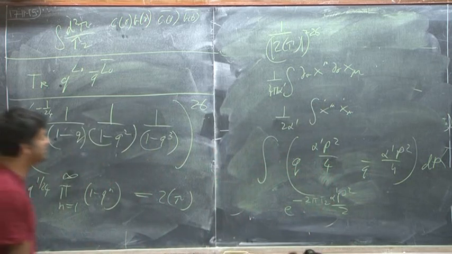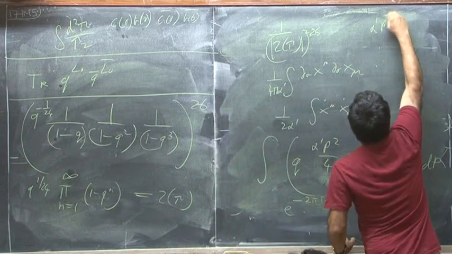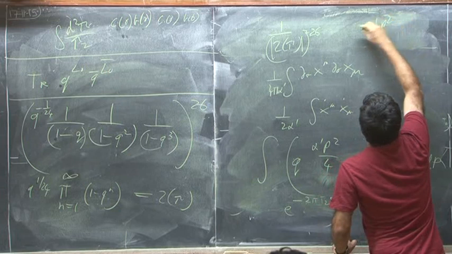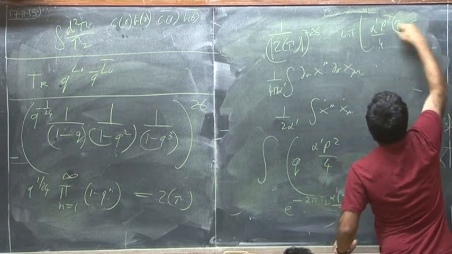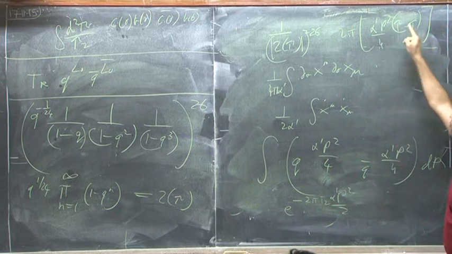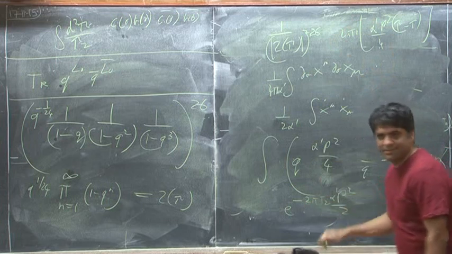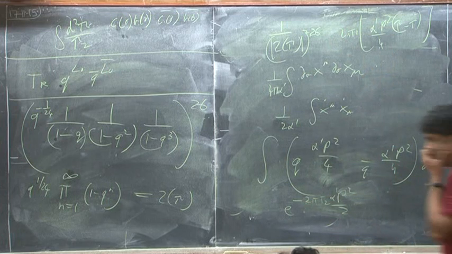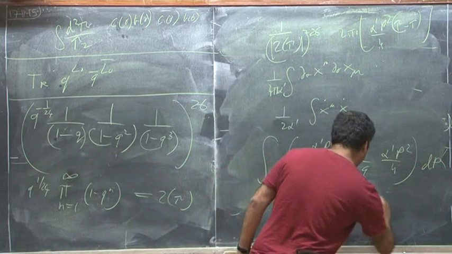Check that. 2 pi into tau minus tau bar. So the factor of 2, that was 2 pi i, and x. Right? Okay, and this we need to do the integral dp.